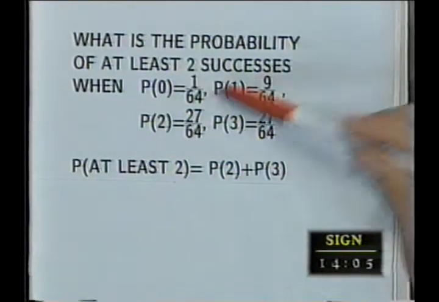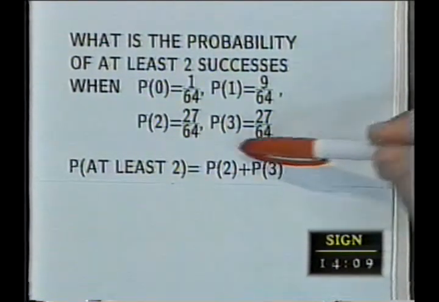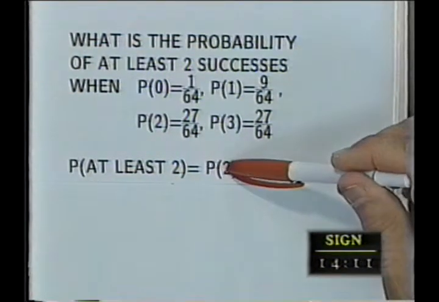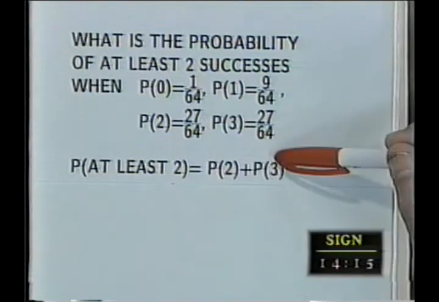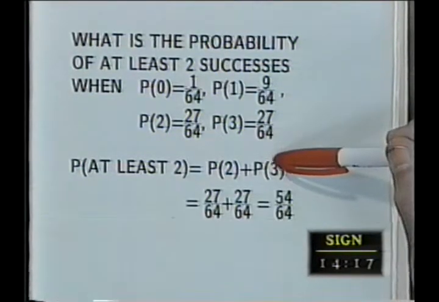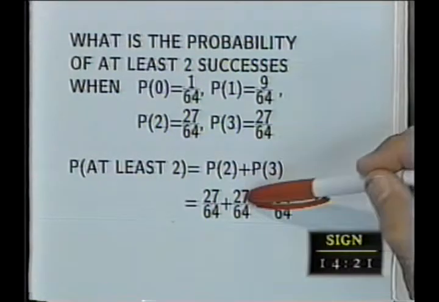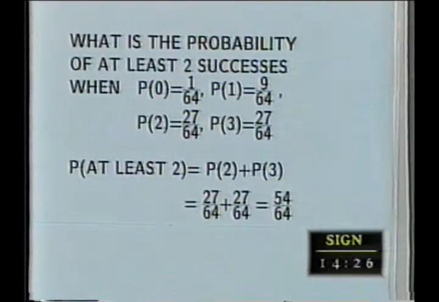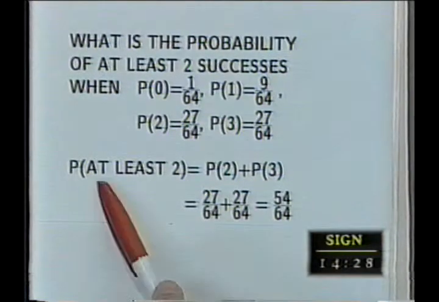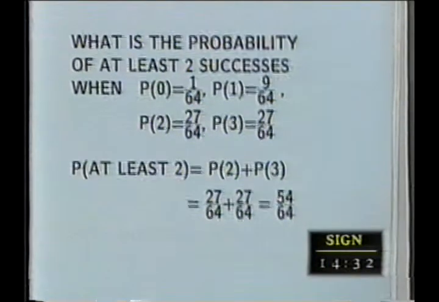Of course, I can only get 0, 1, 2, or 3, so I win when I get a 2 or a 3. And the proportion of time I win is the proportion of time I got 2s and the proportion of time I got 3s. That is 27/64 for the 2 and another 27/64 for the 3, or 54/64. I win at least 2, 54/64 of the time.